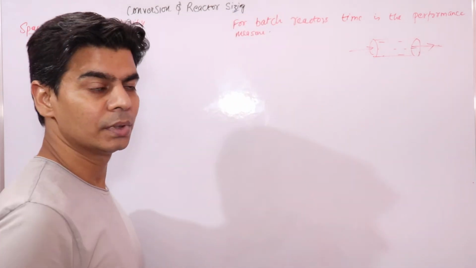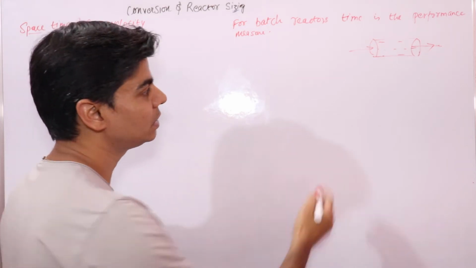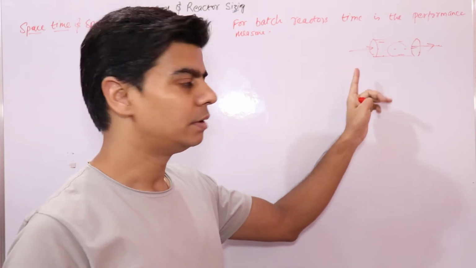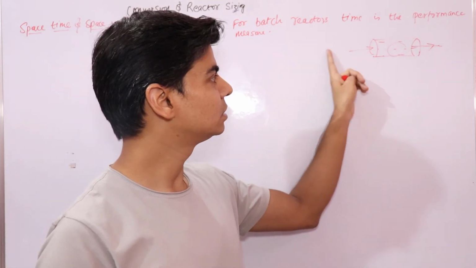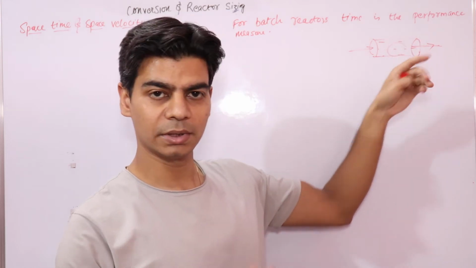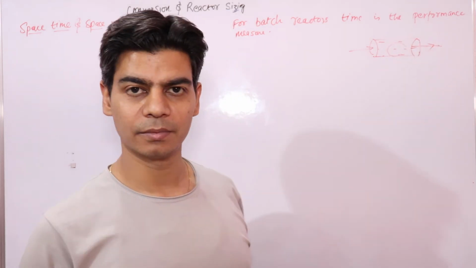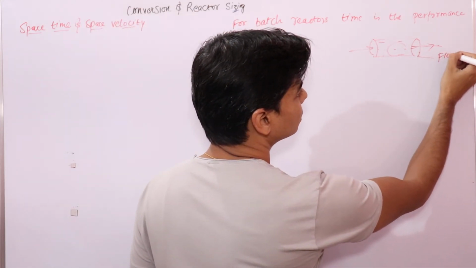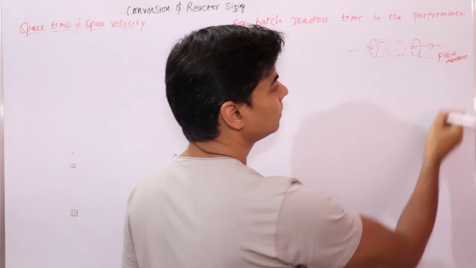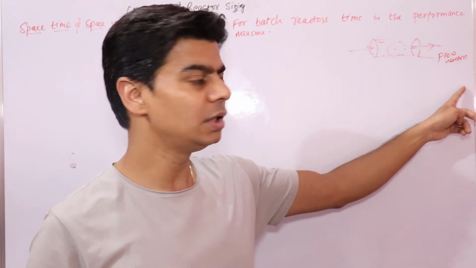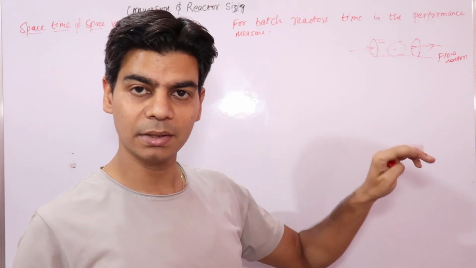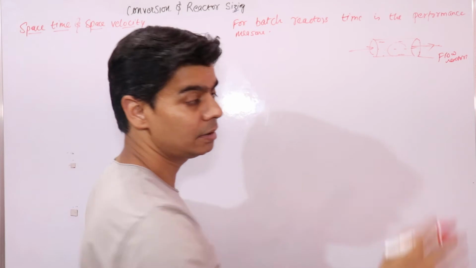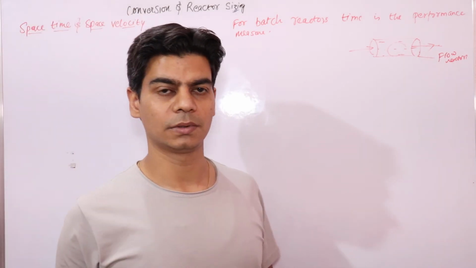While the reaction is occurring inside this reactor, there is continuous flow of reactants from one end, and the products are coming out from the other end, right? So this flow is continuous. That is why we call these flow reactors, because this flow continues at the time of reaction happening inside the reactor, right?